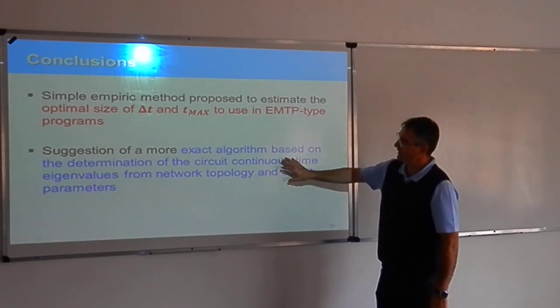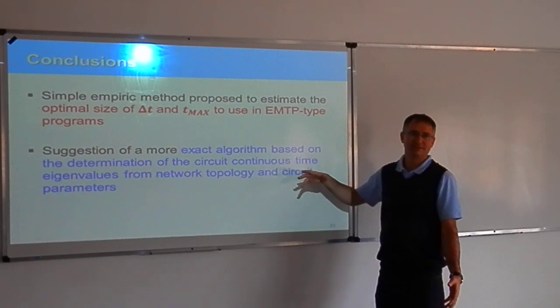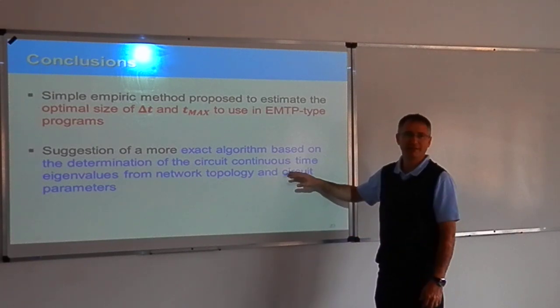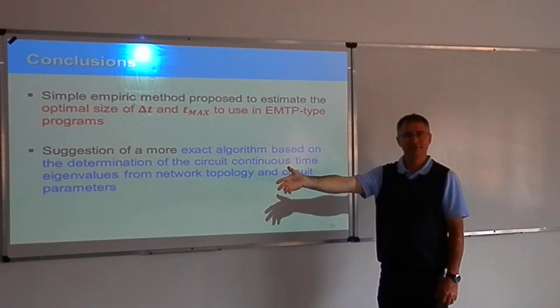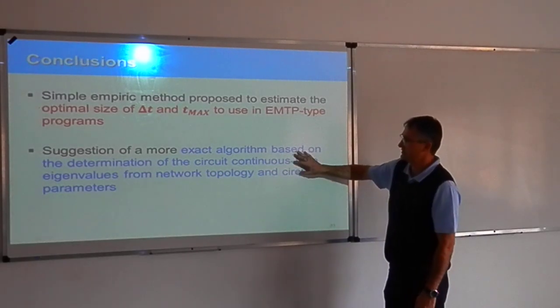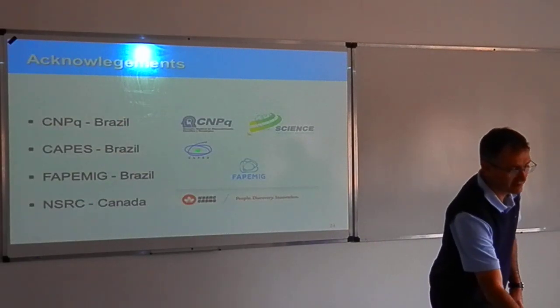So you can use the second algorithm, which is exact. Every time you make changes in the system, you can calculate the real eigenvalues, and from that you define the optimum delta t exactly. So this is another alternative that can be used. So this is our contribution.